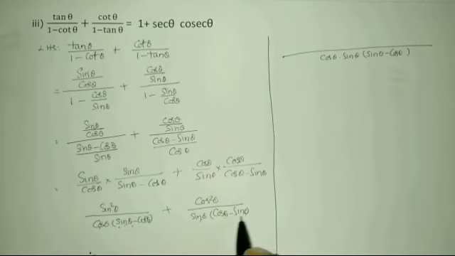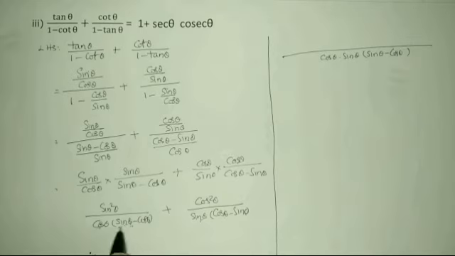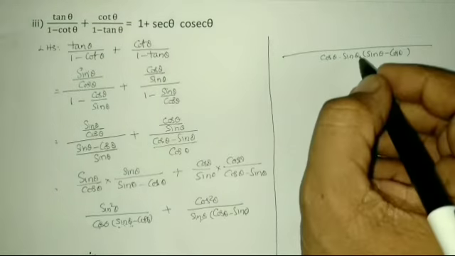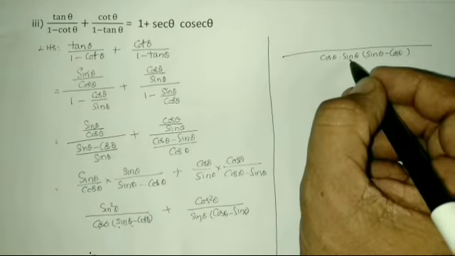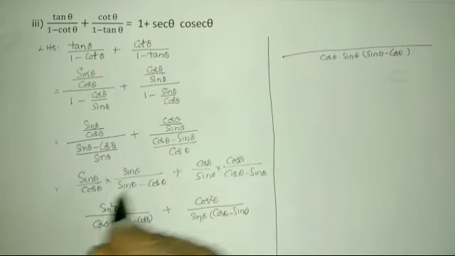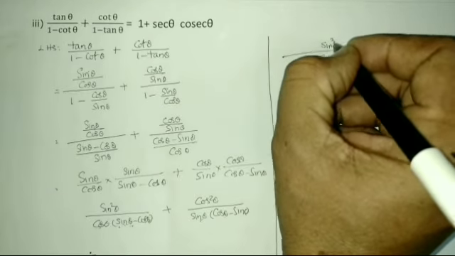Here we have cos theta minus sin theta. So these two are opposite in sign. So divide the LCM by the denominator cos theta into sin theta minus cos theta. If we divide this LCM by this denominator, we get sin theta as quotient. Sin theta into numerator sin square theta, that gives sin cube theta.